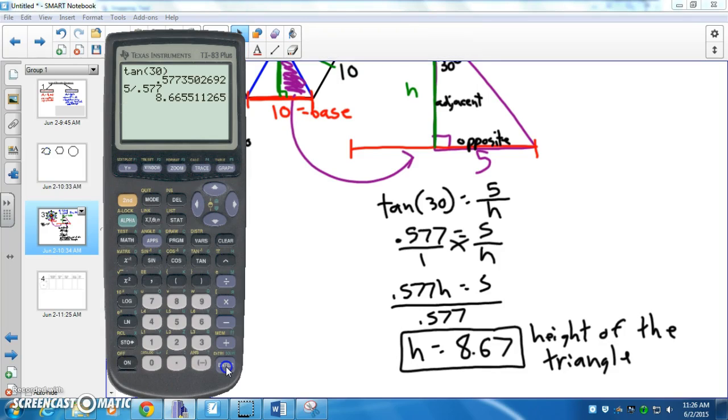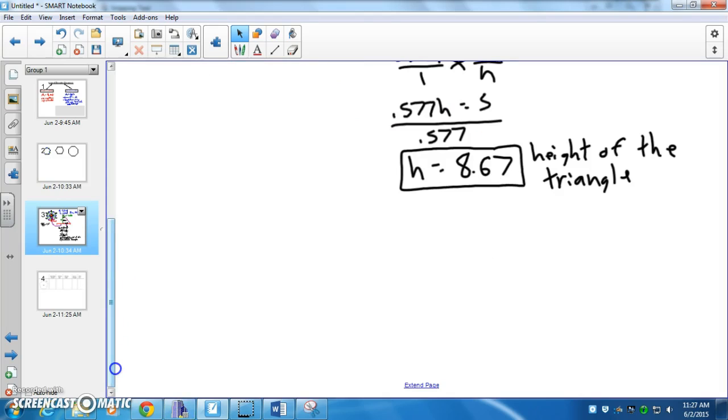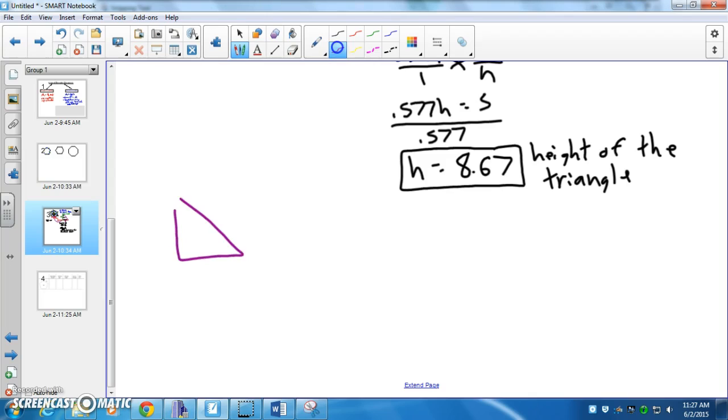So from there, you have kind of a couple choices here. You could say you are looking at a purple triangle that has a 5 here and an 8.67 here, and there are actually 12 of these.